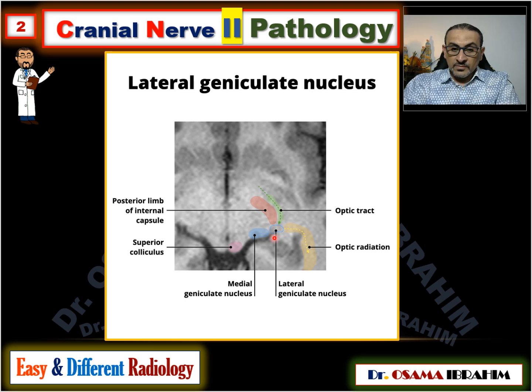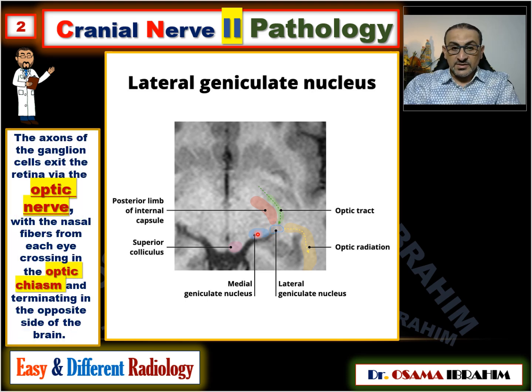One of the very important stations is the lateral geniculate body. Anatomically, it is located lateral to the medial geniculate body, and in relation to the superior colliculus of the midbrain. Anterior and lateral to it is the optic tract coming from the optic chiasm, as we talked about in the previous slide.